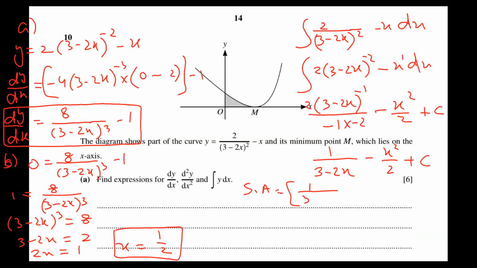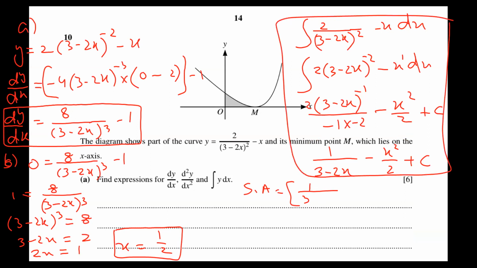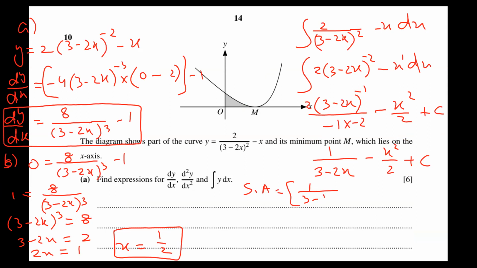I have no need to work it out again, no need to waste your time, and no need to write C this time. So lower is 0, upper is half. Now you know very well the method. First you put half throughout the expression. When I put half here, half and 2 cancel. When I put half here, half squared gives 1 over 4, 4 twos are 8, so 1 by 8.